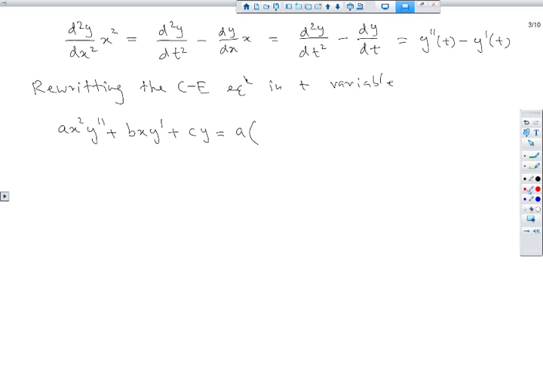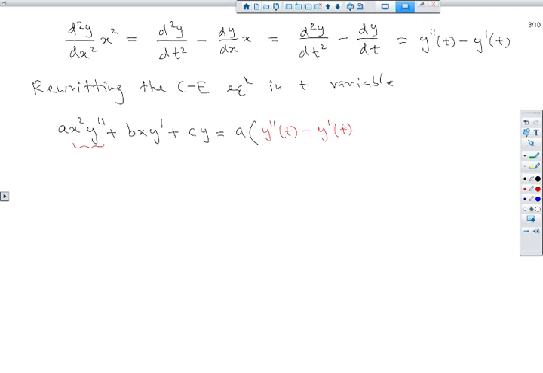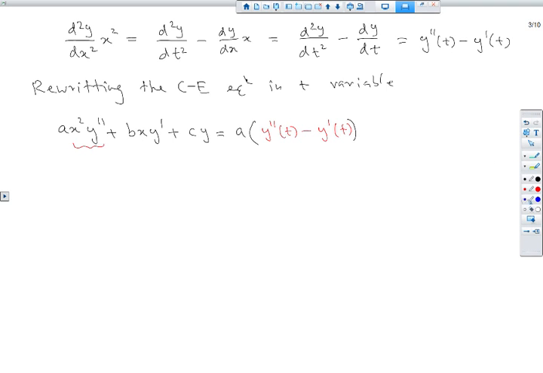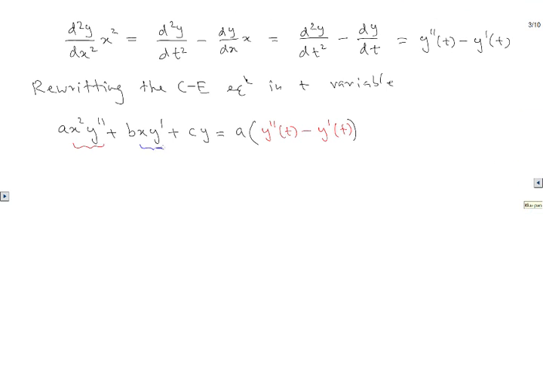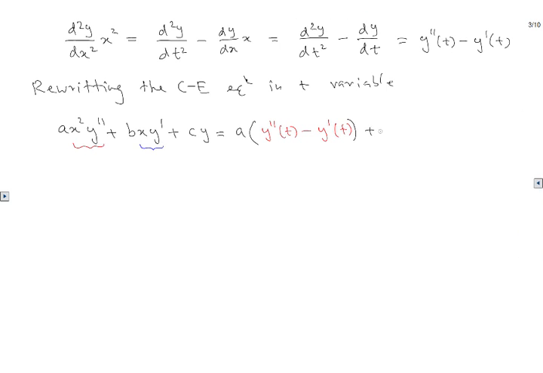This term you can replace, so that's simply going to be y double prime of t minus y prime of t. To emphasize, this is a t, so we use that t variable there. That's what happened with the first term. And then the second term you can do similarly. These two terms also you can replace now. So what's going to happen now: plus b.